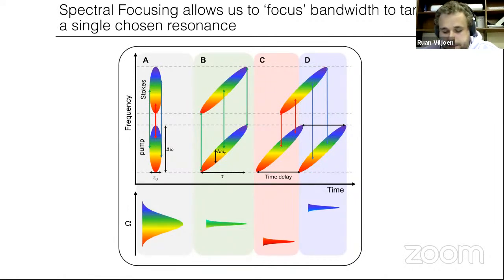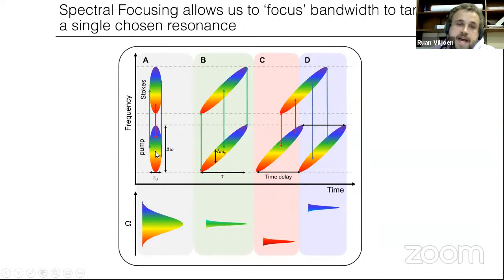This is a technique that was implemented initially in classical CARS, where you have two separate pump and Stokes beams. As you can see here at A, we have a pump beam and a Stokes beam in time and frequency, and all of the frequency components overlap in time, which means you generate a broad excitation spectrum.